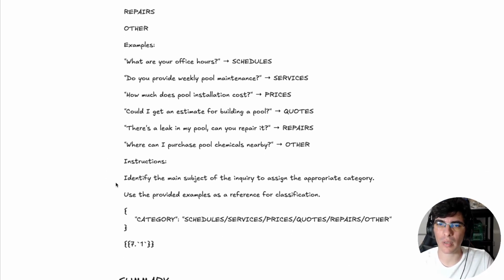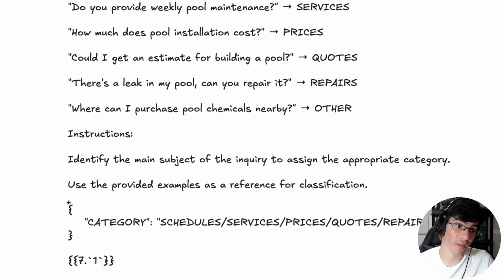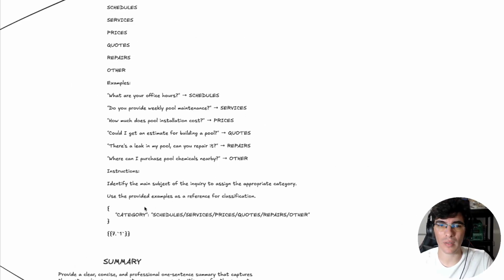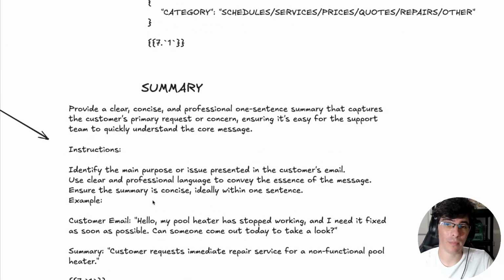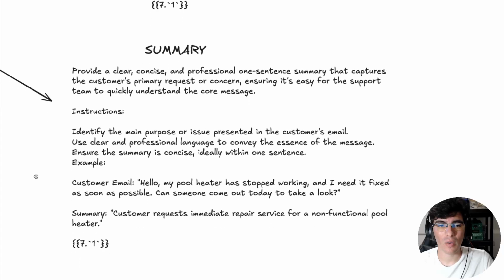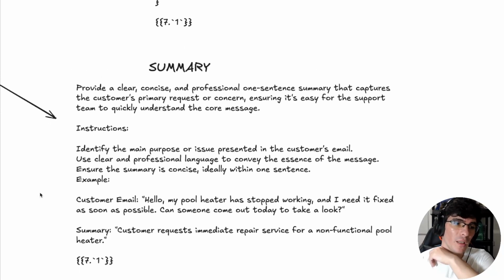I can probably understand it a little bit more because it makes a lot of sense, at least I think it does. So same thing, we're gonna return one of these. Then what else do we have? We have summary. This one's kind of cool. The idea with the summary is basically, suppose you have a long email, right?